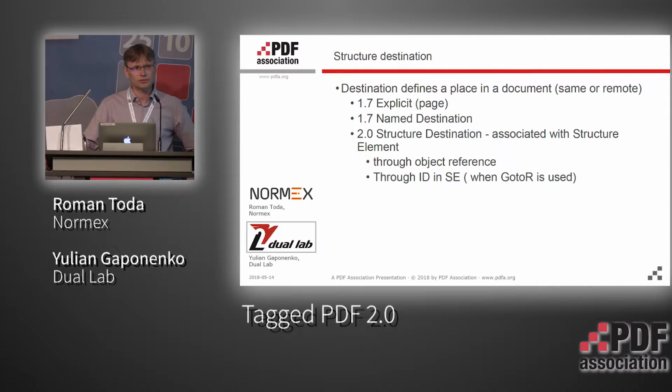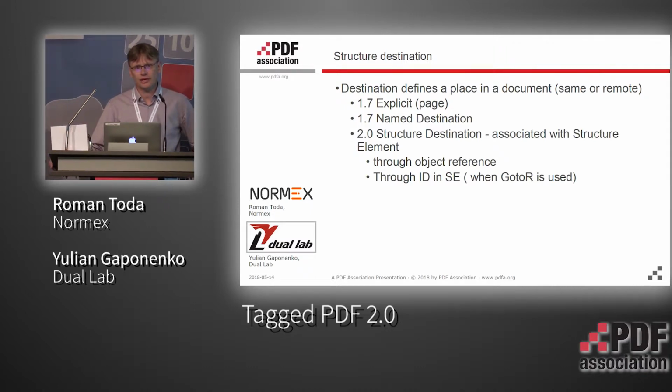In 1.7 we had generally two options to define the destination. You can say explicitly the page plus the area on the page where you go if you click on a link, for example, or if you trigger an action, or you could use a named destination. That's all still valid. In 2.0 we added structure destination.